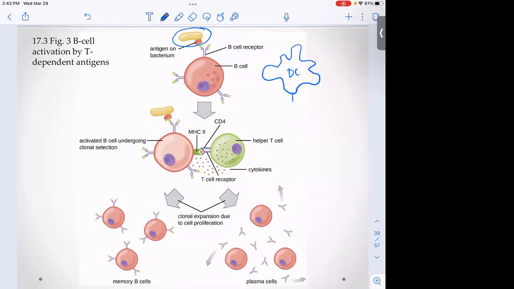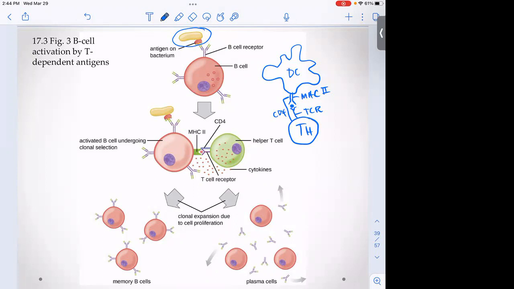The dendritic cell has phagocytized some pathogen, and it's presenting it with MHC class 2. Here's some epitope. And then you have a T helper cell that with its T cell receptor recognizes that same antigen. Here's the CD4 that recognizes the MHC class 2.